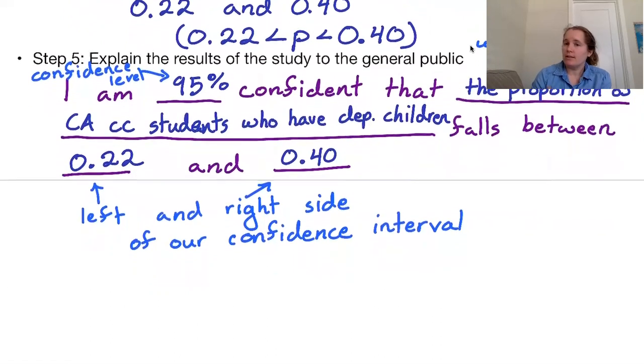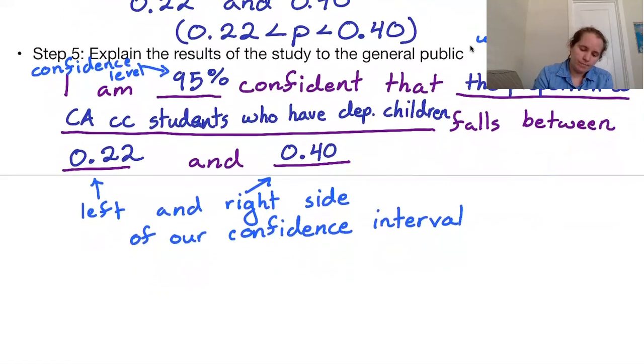What this means is that we are estimating, so ways the general public might understand this.